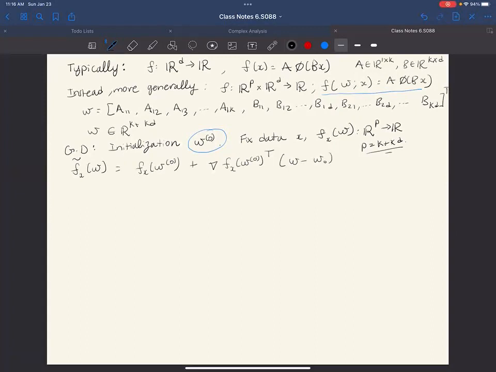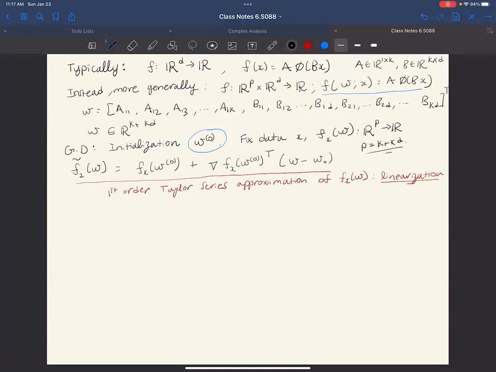And this is exactly what you would have seen. So in red here, this is just a first order Taylor series approximation of f_x at w. And I'm going to call this a linearization. So this will be my linearization of the neural network around some initialization w naught.